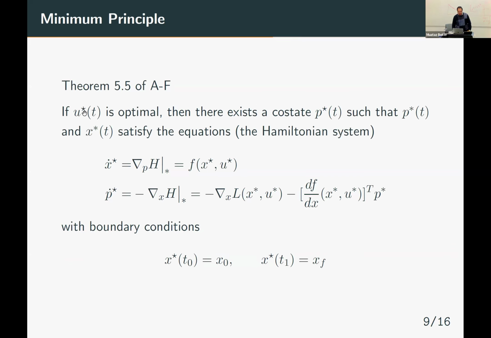What the theorem says is, if U star is optimal, then there must exist a co-state P star such that P star and X star satisfy the equations of the Hamiltonian system, this one and that one here, with these boundary conditions. So the triple X star, U star, and P star solve this Hamiltonian system.